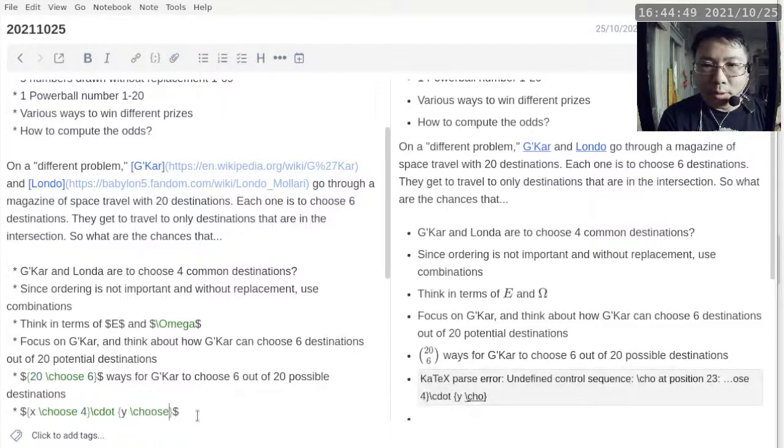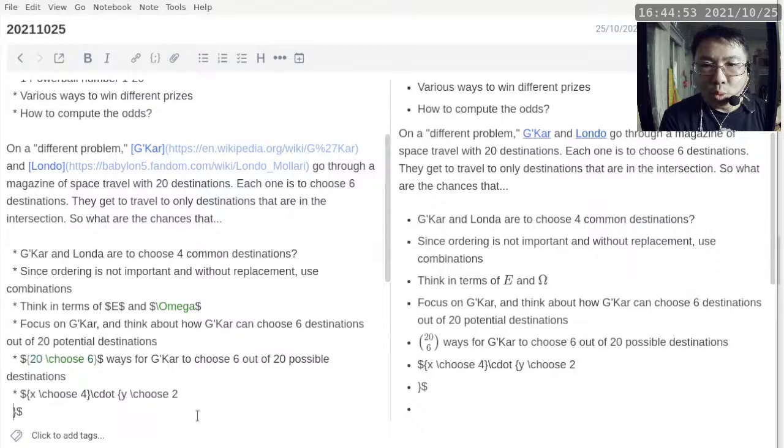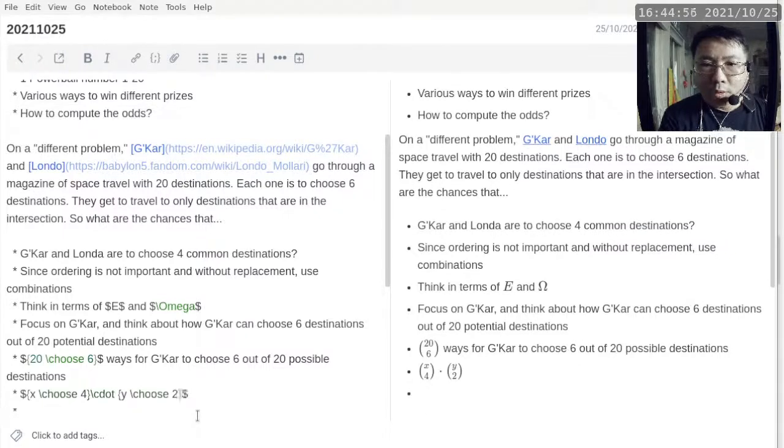Now why choose 2 and why choose 4? The reason why we are choosing 4 is because we only want 4 as the intersection, and the 2 over here is for the ones that are not within the intersection.